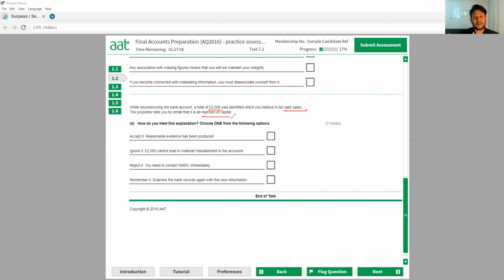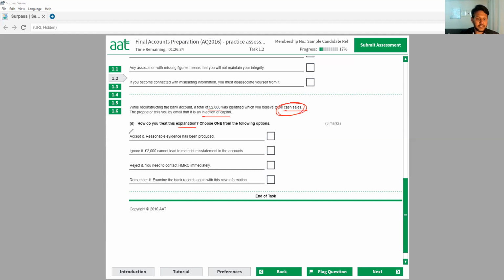When you put in capital, obviously it increases the capital of the owner, so it is a benefit for the owner. But you identify it as a cash sale, and rather than showing income, the owner wants to increase the capital. So he makes some cash sales and deposits 2,000 to the bank, saying it is capital, not sales. What will your action be? How do you treat the explanation?